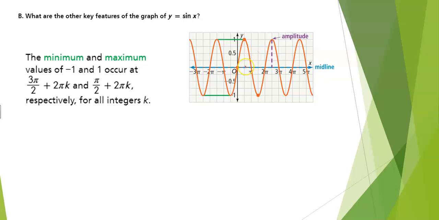The maximum starts here at pi over 2, and then you can just add 2 pi. K just changes. If I add 2 pi once, I would get here. I add 2 pi again, so I'd multiply 2 pi times 2 and add 4 pi to that. Then you go here, right? So these would be the maximums.